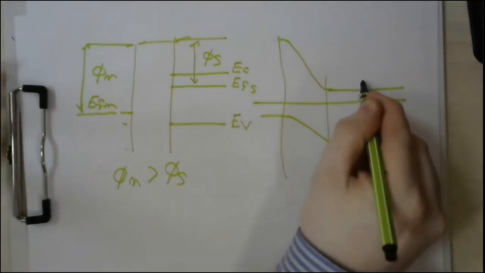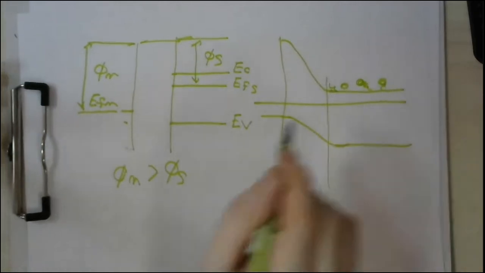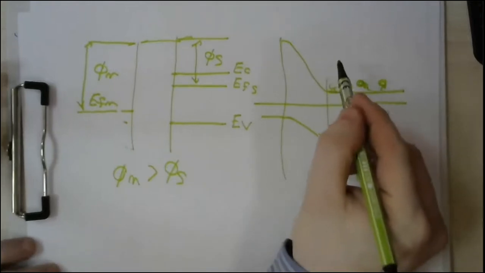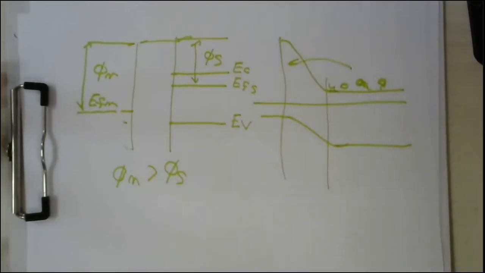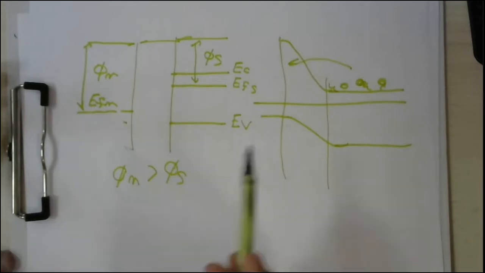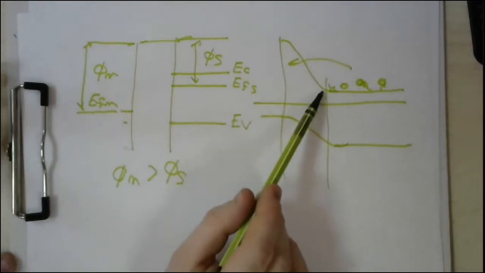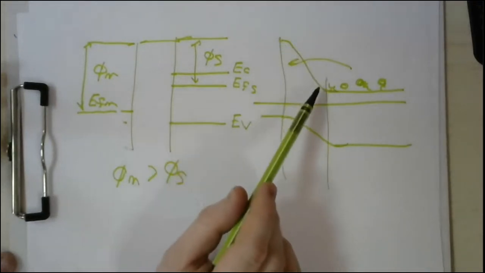So we have here majority electrons, because this is an n-type. Now, can electrons move from the semiconductor side to the metal side? Surely the answer is no, because whenever the electrons try to move, they will be obstructed by this barrier.